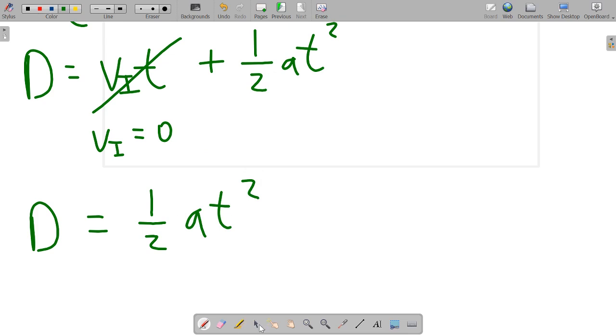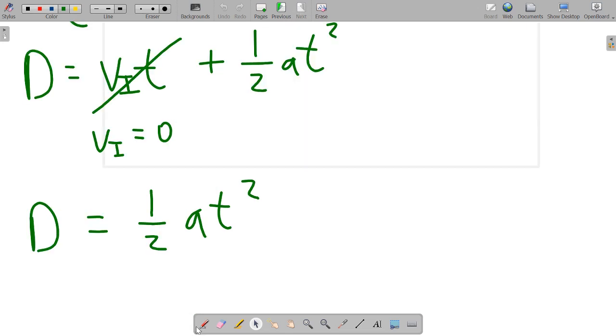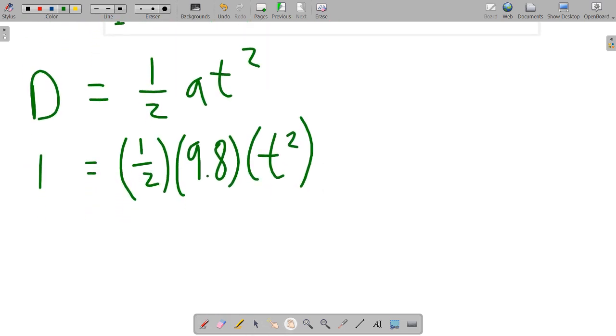So let us plug in everything else that we know. We know the displacement is 1 meter, so that's the height of the table. So the distance in the y direction is 1 meter. We know the acceleration of gravity. The acceleration of gravity is just 9.8 in the y direction. And so let's solve for the time in free fall. So 1/2 times 9.8 is 4.9.